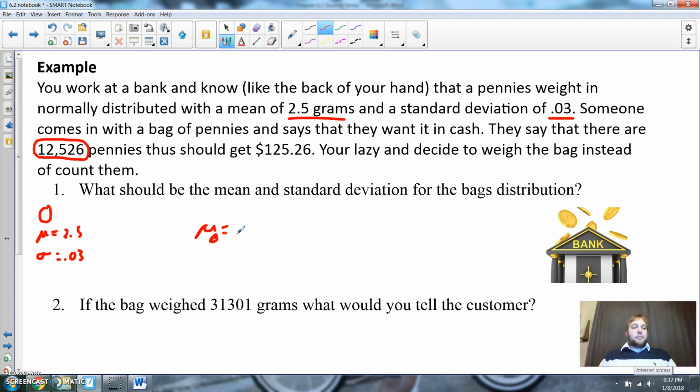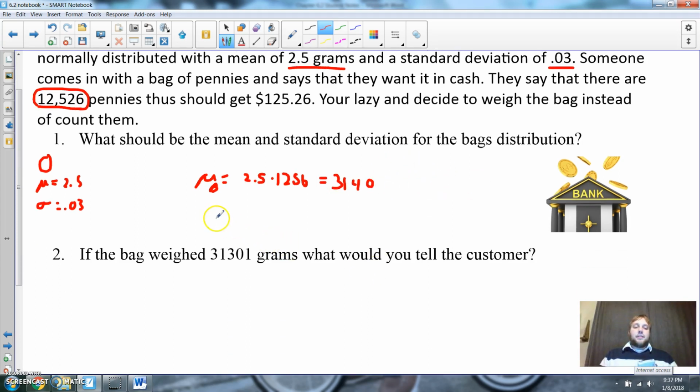So the mean for the bag would be 2.5, and basically I have 12,526 of those bad boys. So the mean of the bag is 31,315 grams.